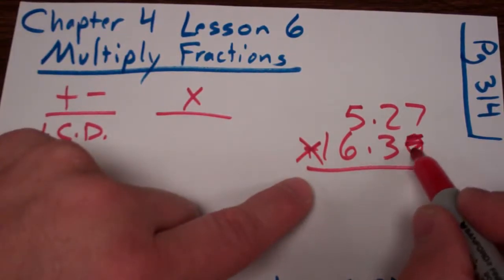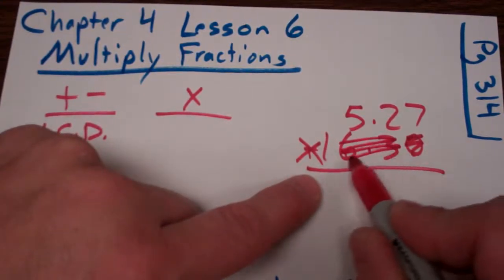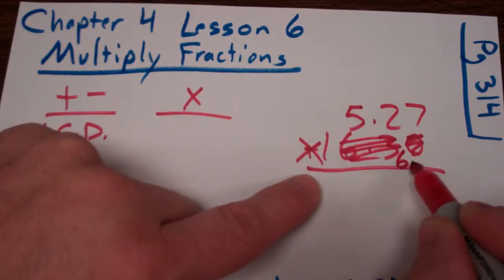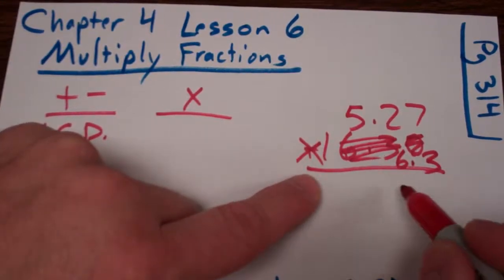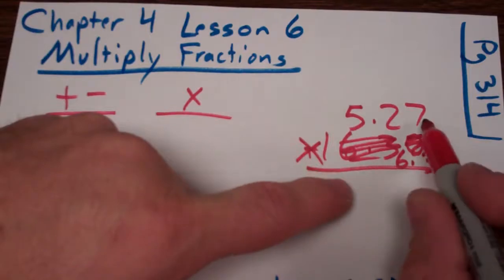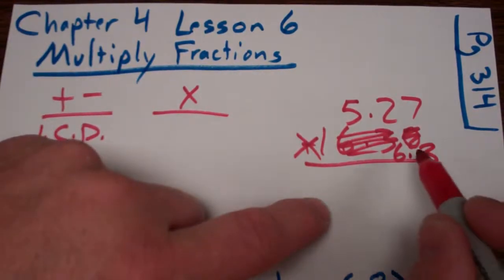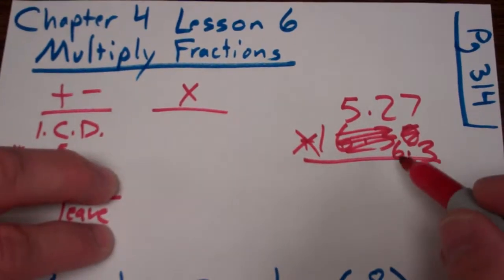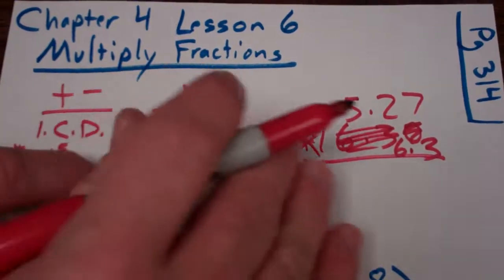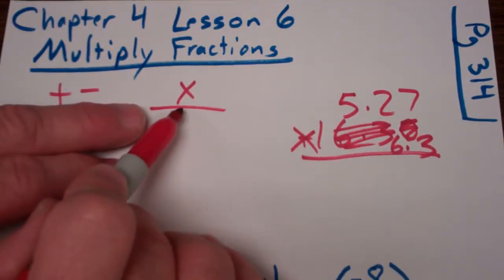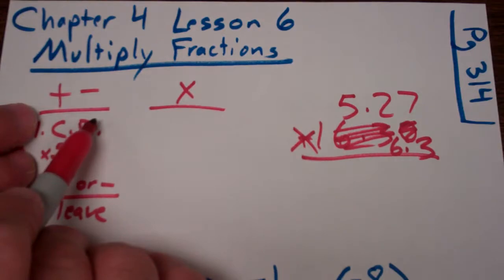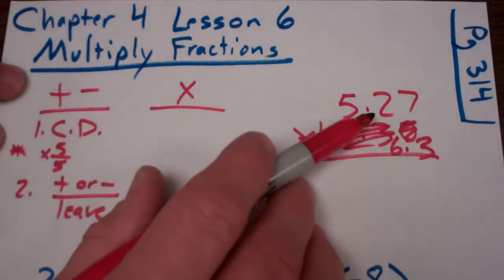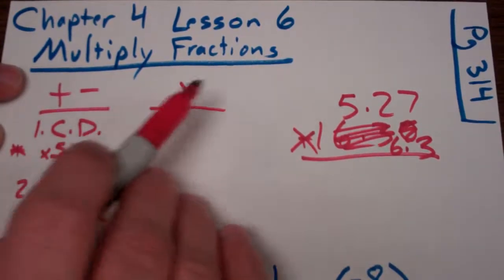In fact, I don't like that extra 0 there. I probably would have slid this 6.3 over to here and multiplied, and then of course at the end you count the number of digits behind the decimal and move it over that many places. Okay, so that's multiplication and addition of decimals, which is a good review for multiplication and addition and subtraction of fractions as well. If you can get this connection, they have some similarities.